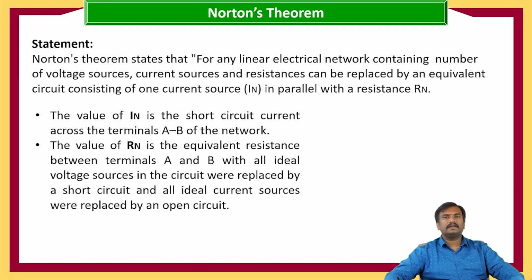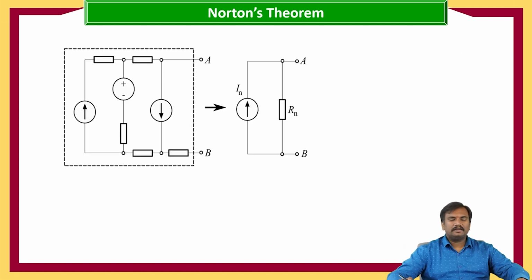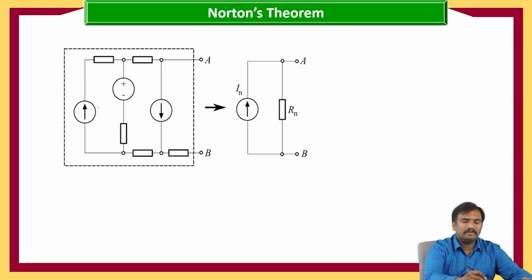Simply we can say that in Norton's theorem, the circuit between the two terminals can be replaced with a single current source in parallel with the resistance. This is the way we are going to convert a circuit which is having two current sources and one voltage source, with resistors, into a single current source in parallel with the resistance.